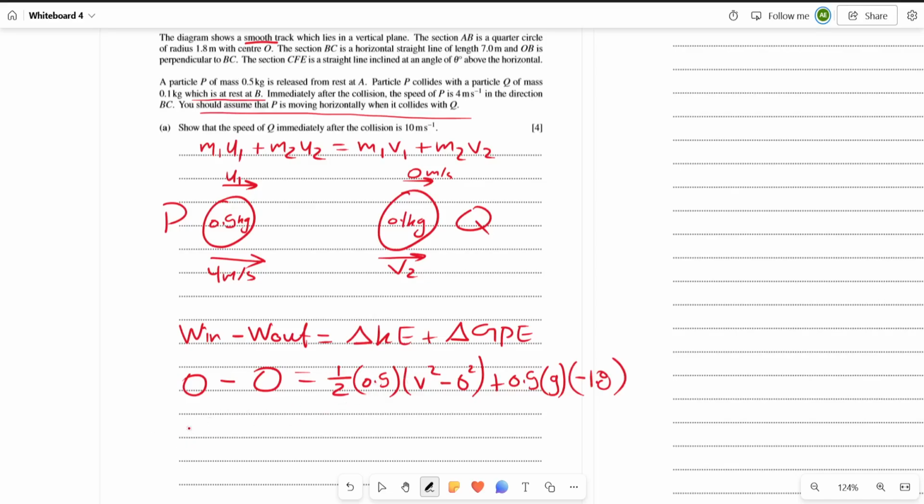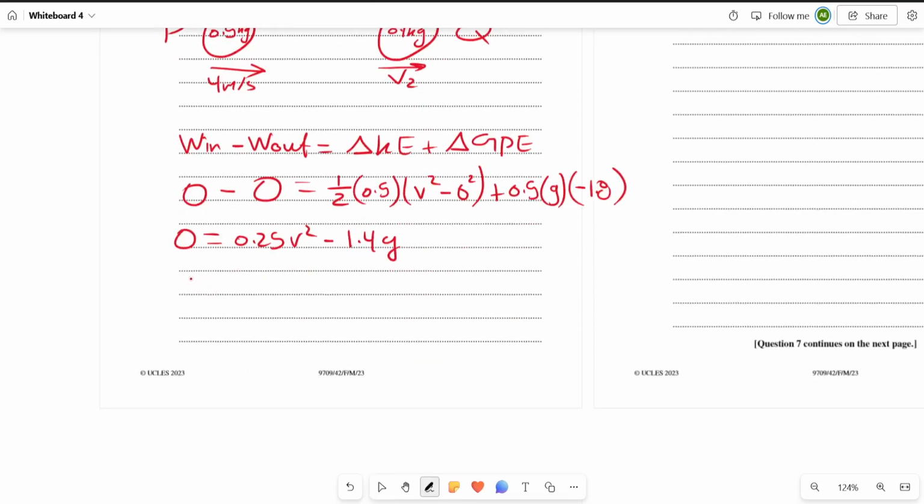Now I can put the left side as 0 equals half times 0.5, which is 0.25, times v squared. And then I have 0.5 times negative 1.8 times g, which is going to be negative 1.4 g. So from here, I can say that 1.4 g equals 0.25 v squared.